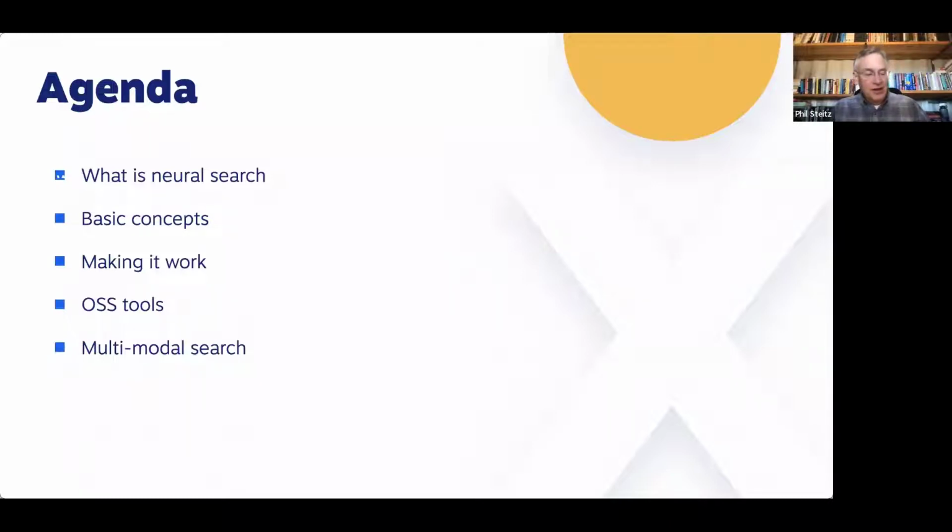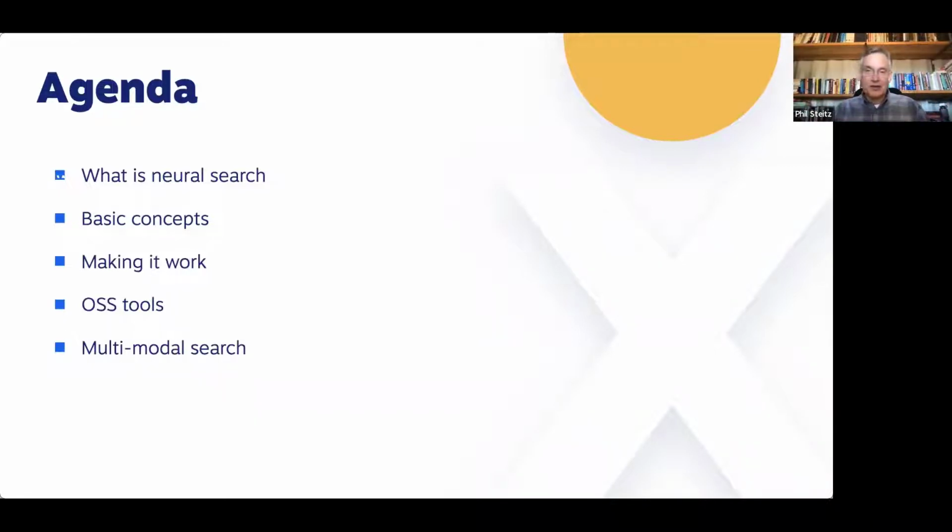I'm going to mention three open source projects: the Facebook similarity search project, Annoy, which is from Spotify, and Jina, which is a framework that is very powerful and convenient for pulling this stuff together.